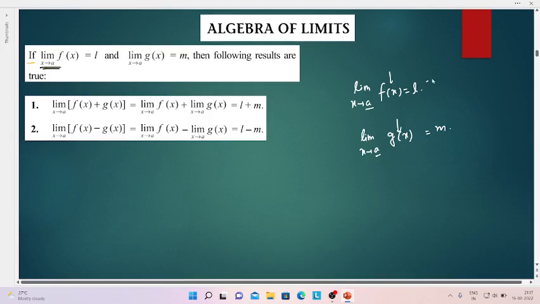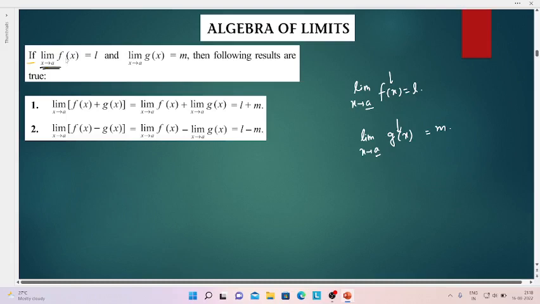So you can understand that the left hand limit and the right hand limit of that particular limit will exist, and they both are L. That is why the limiting value exists, right? Similarly, for this particular function, the left hand limit and right hand limit exist, and these are also equal to m, right? These are the general things which you can understand, right?